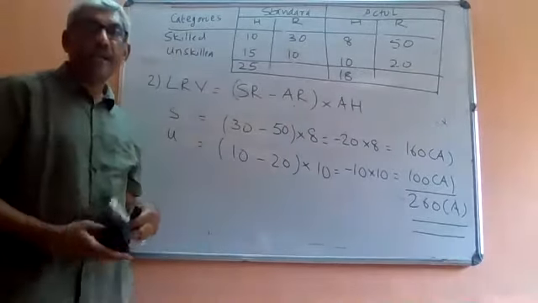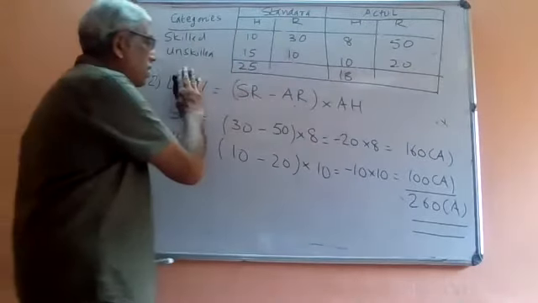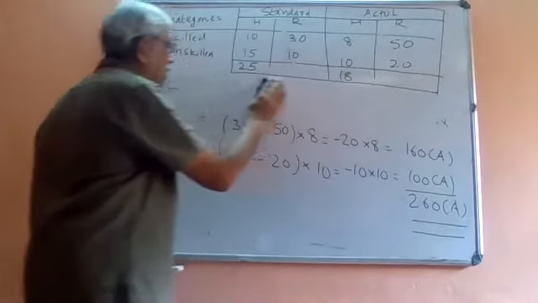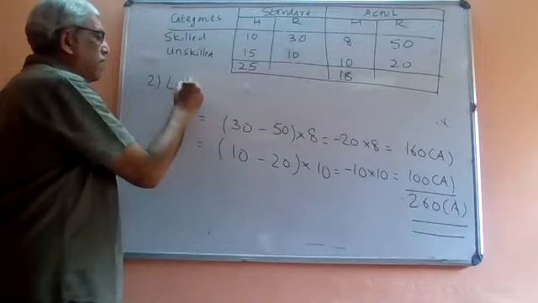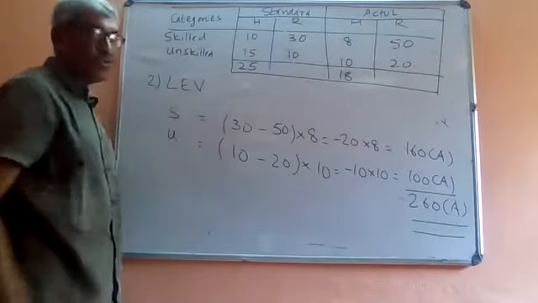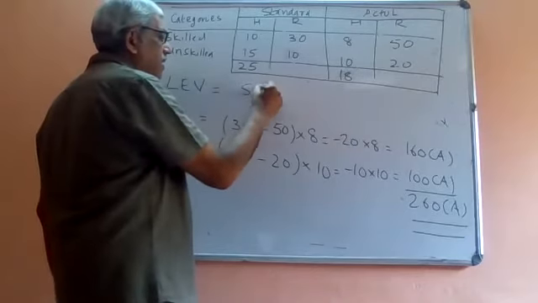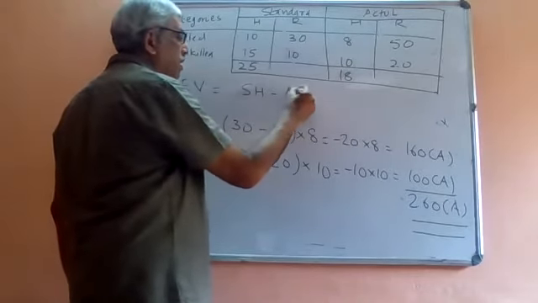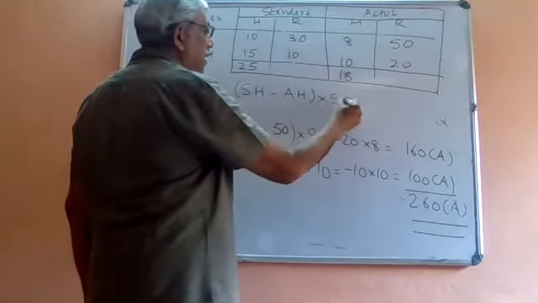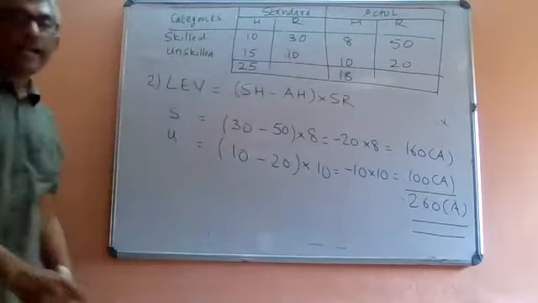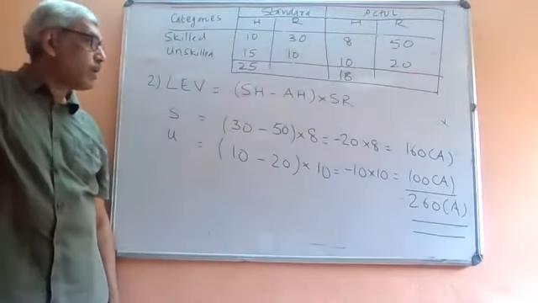Now the third thing is labor efficiency variance. That is standard hour minus actual hour into standard rate.